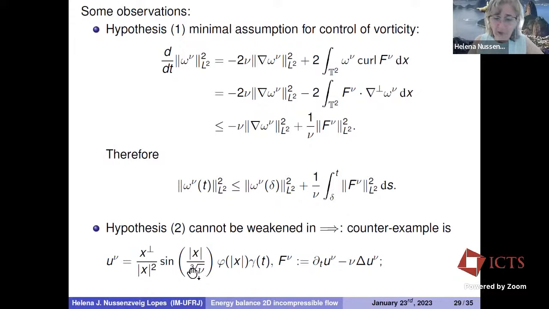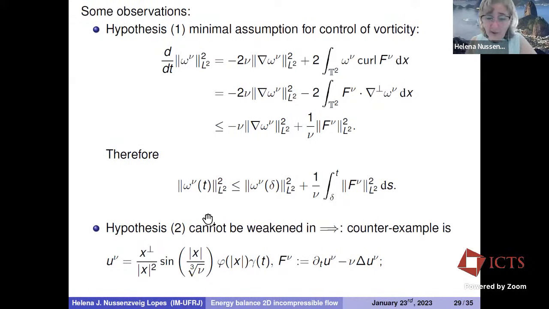Sine of x over the cube root of viscosity times a cutoff in space and a cutoff in time. F nu is the forcing, which is given by the time derivative of this U nu minus nu times the Laplacian of U nu. Then this U nu with this forcing satisfies the Navier-Stokes equations because the nonlinear term vanishes.